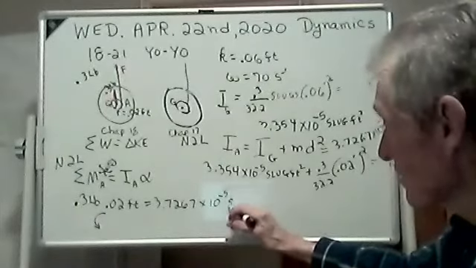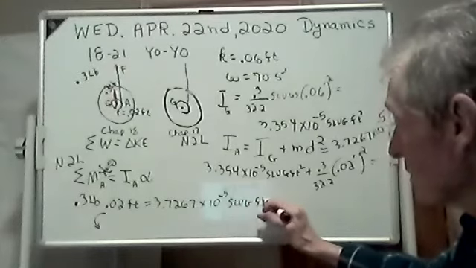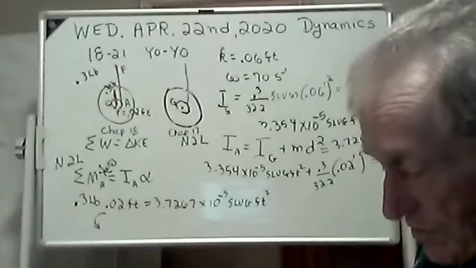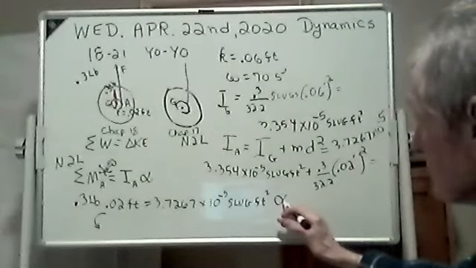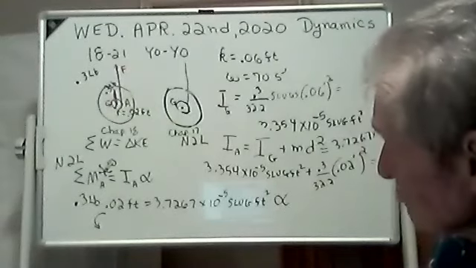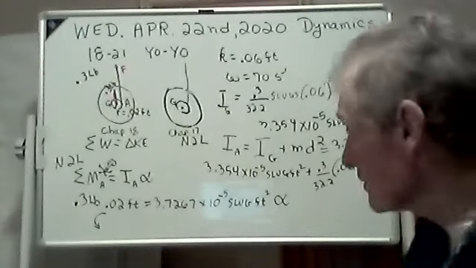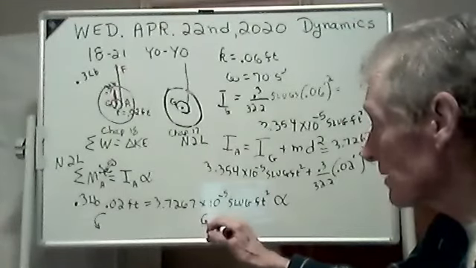It's slug feet squared. We're in what they call the American customary system of units, times alpha. Okay. Hey, well, we can find alpha. See, all this is going to be counterclockwise.